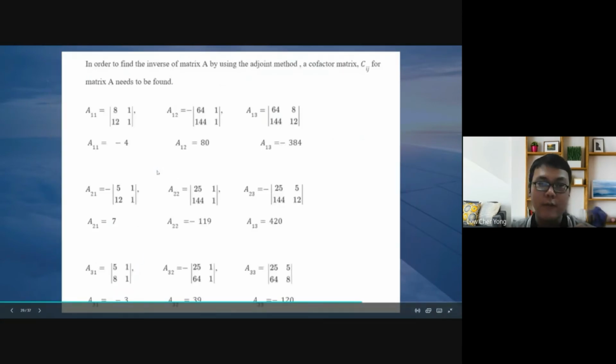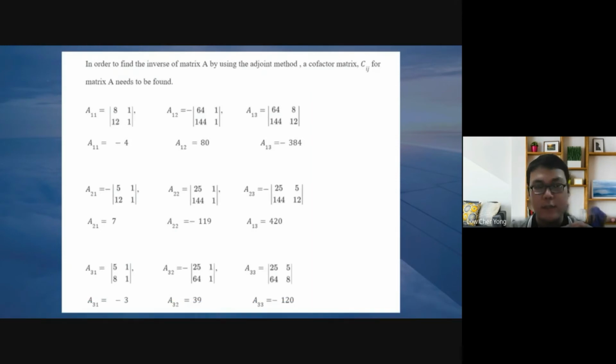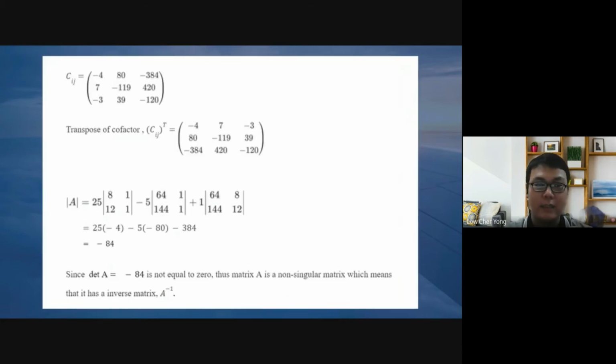So in order to find the inverse of matrix A, we are using the adjoint method. First, the cofactor matrix needs to be found as shown in the slide. Then we get the cofactor and transpose it. After that, we calculate the determinant of matrix A, which is -84.